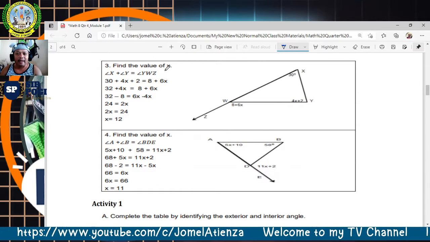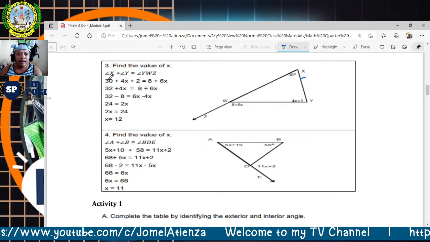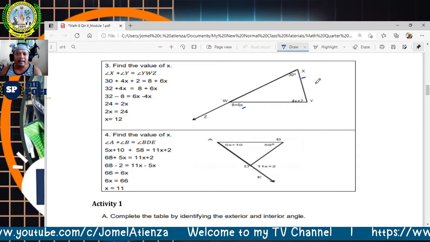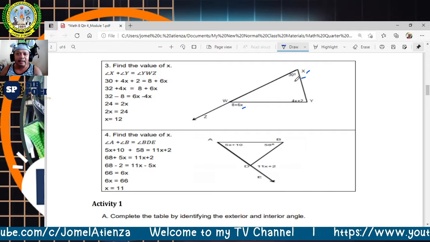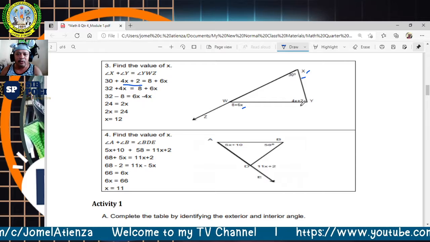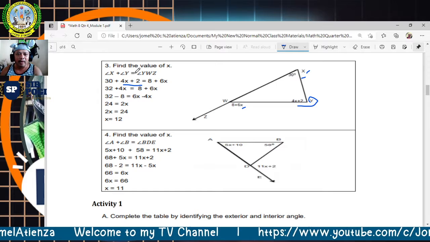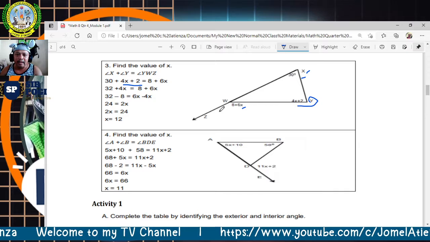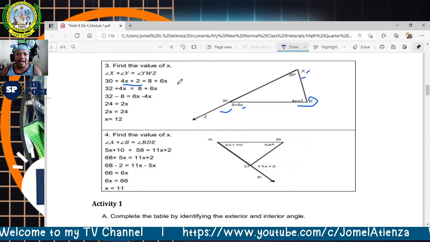Find the value of x. This is what we are looking for, the value of x. Angle x is 30 degrees plus 4x plus 2, which is our angle y. So, angle x plus angle y is equal to the exterior angle, which is a plus 6x.